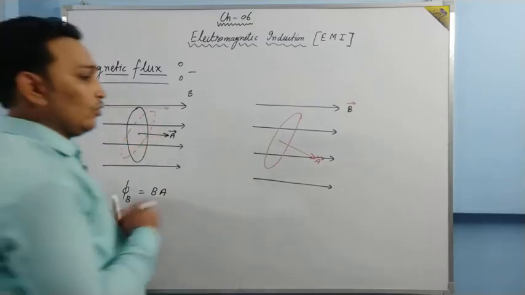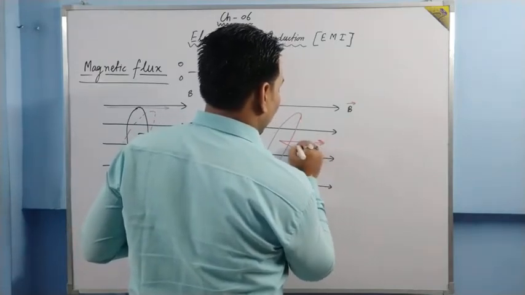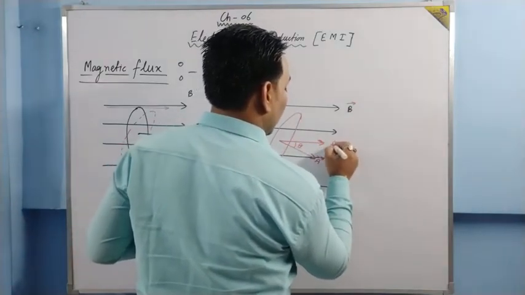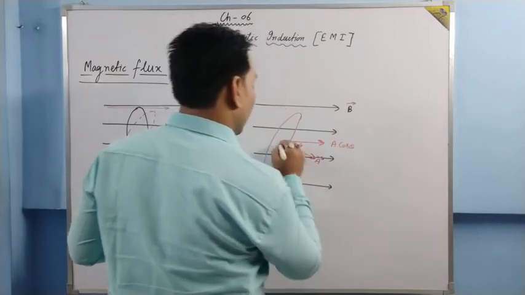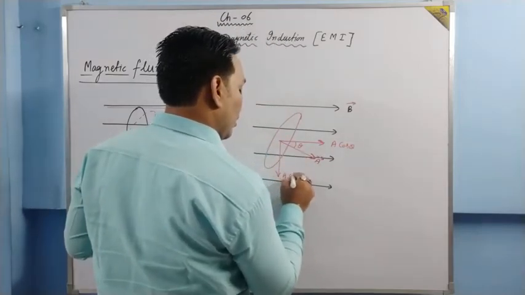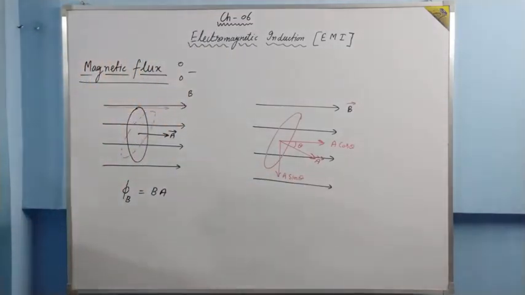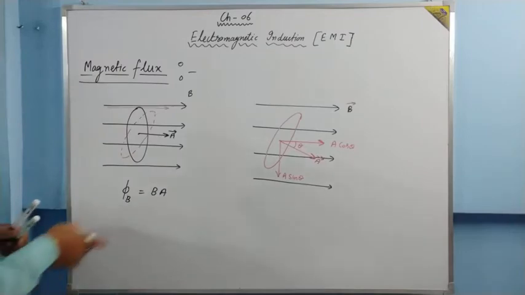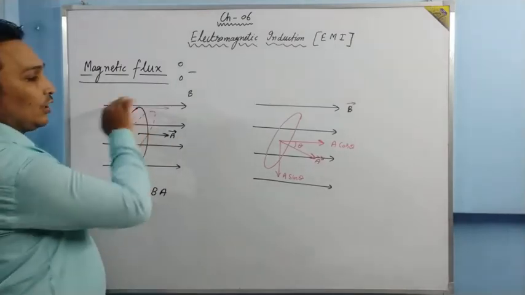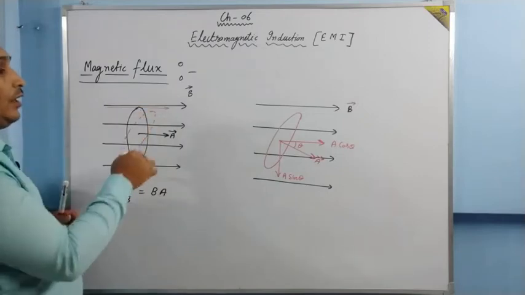Now what we'll do? We'll take the component of area along the magnetic field. Suppose this angle is theta, it will become A cos theta, perpendicular to the magnetic field. Now which component should be used for calculating magnetic flux? Earlier when the area vector was along the magnetic field, we took the complete area.